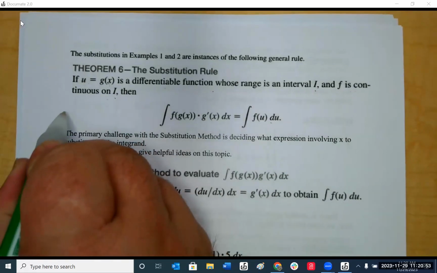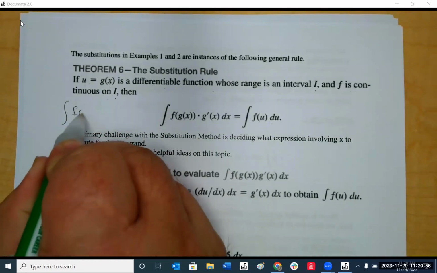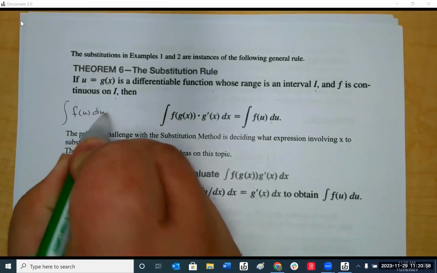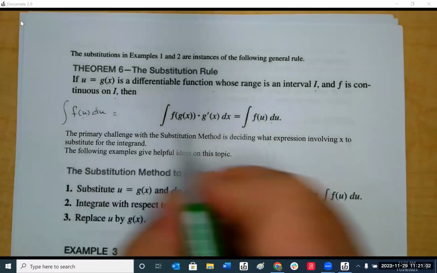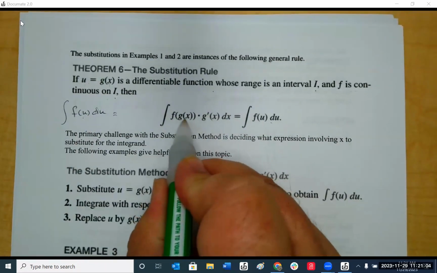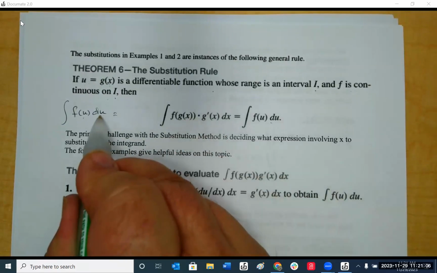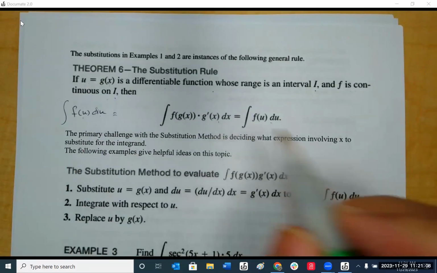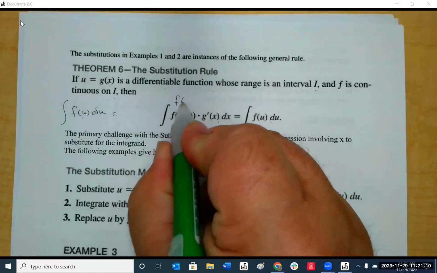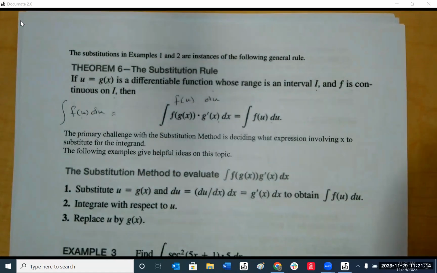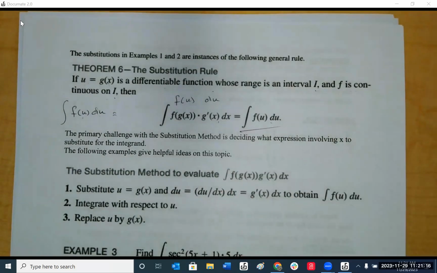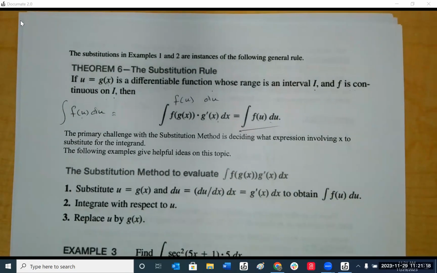Remember earlier we had f of u du. Well, u is actually g of x, so it's f of g of x, and du would be g prime. So this is f of u du. And that's what we're saying here.